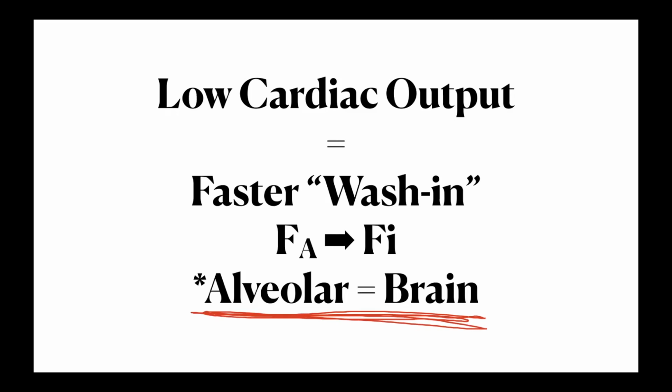Once you appreciate this idea, it'll help you appreciate why cardiac output and its effects on volatile pharmacokinetics is really complex. And I think that's why a lot of trainees struggle with this idea.